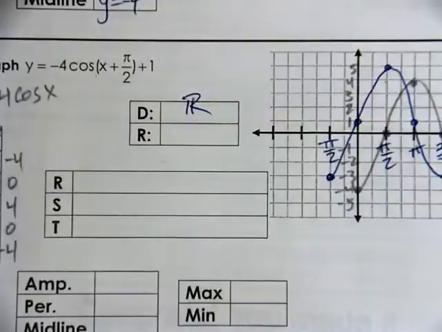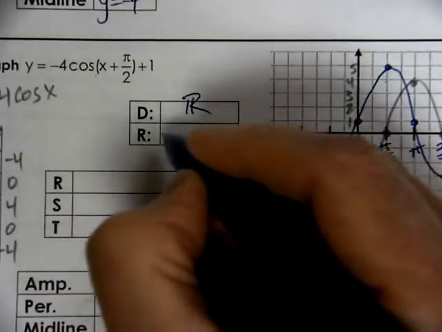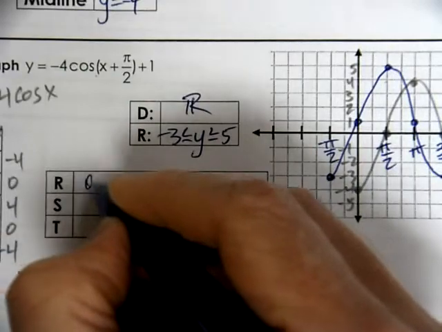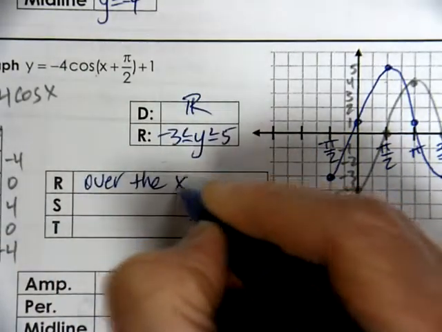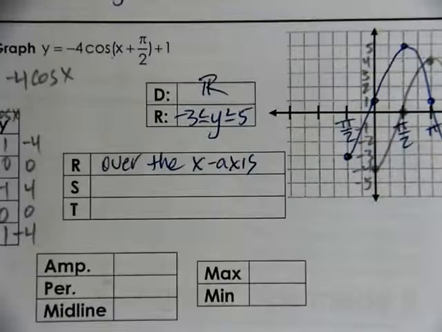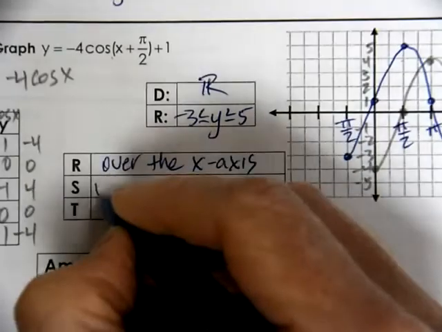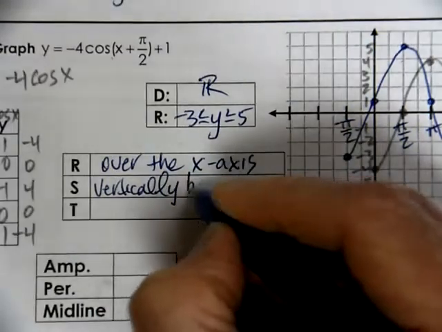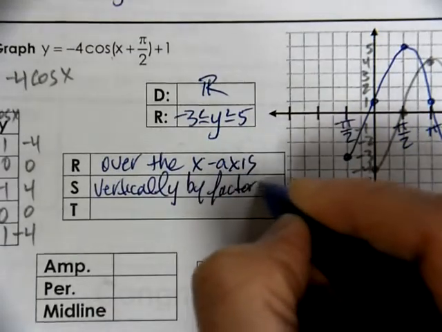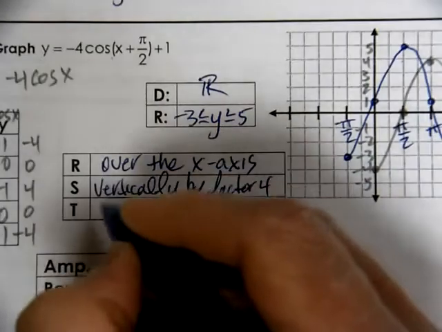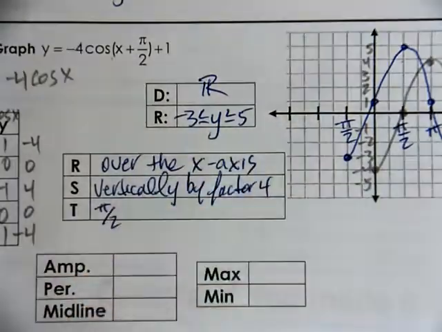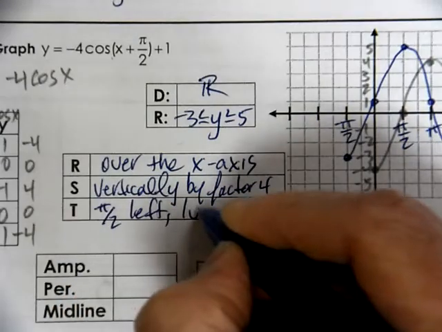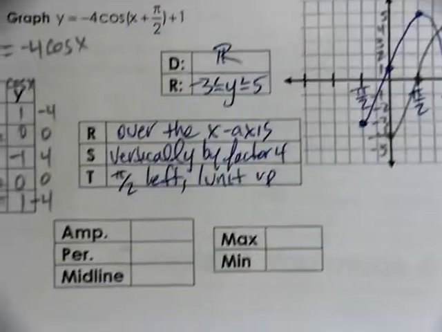My domain is all real numbers. My range goes from negative 3 to 5. I have a reflection over the x-axis, a stretch vertically by a factor of 4, and I'm translated pi over 2 left and 1 unit up.